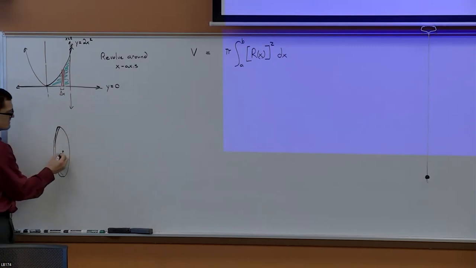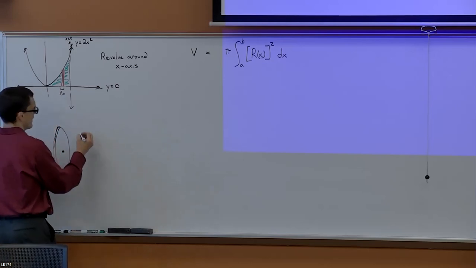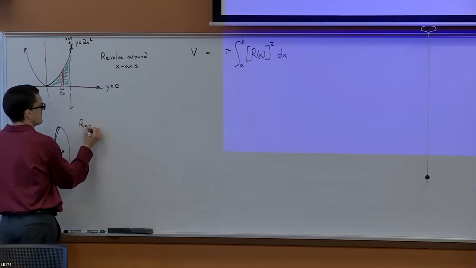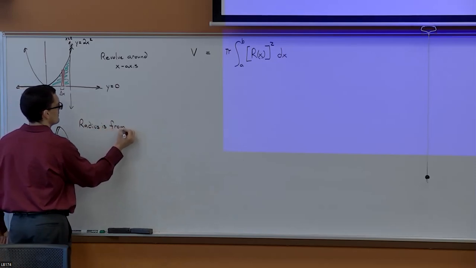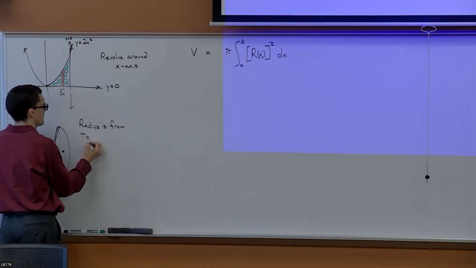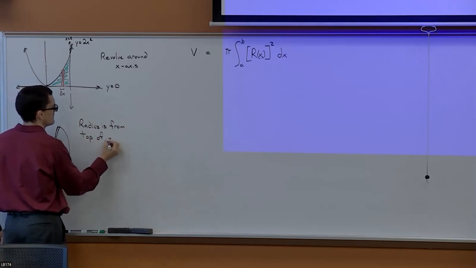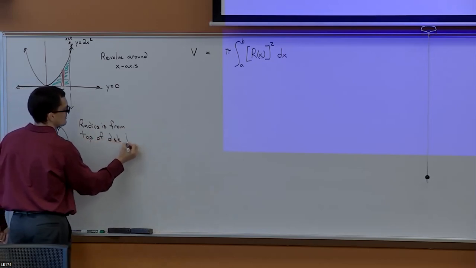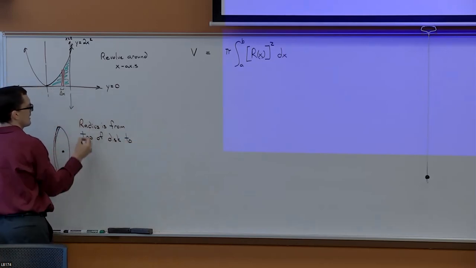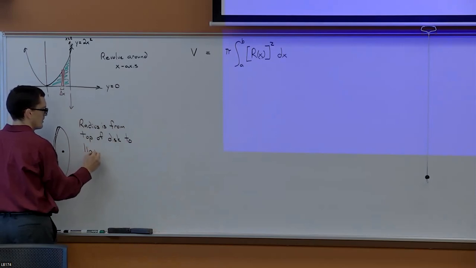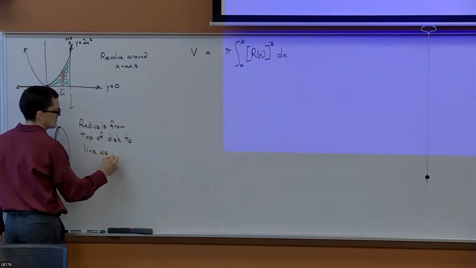The center of this disk is where I rotated around. So radius is going to be from the top of the disk to where I rotated around. Let me write that. Radius is from top of disk to the line we rotate around.